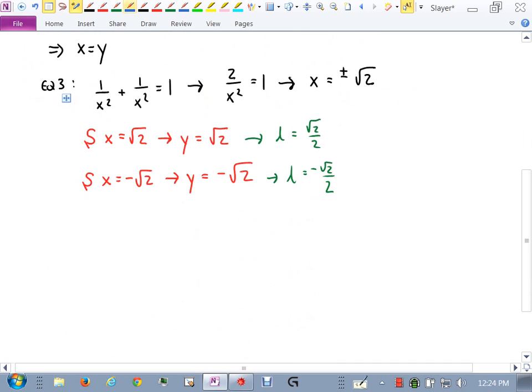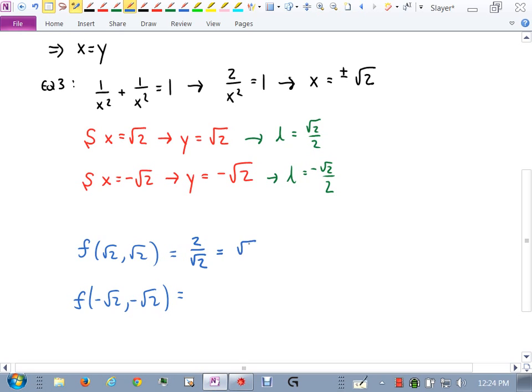So now I need to look at what is f of root 2, what's f of negative root 2. So you get 1 over root 2 plus 1 over root 2, which is 2 over root 2, which you could leave like that, or you could rationalize.